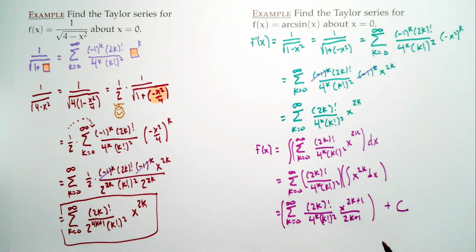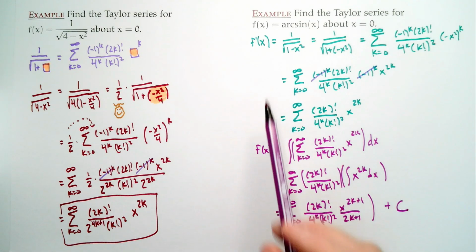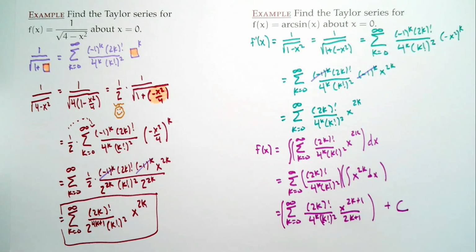Well, the way you find c is you now choose a really good choice for x. So for instance, plug in x equals 0. Okay, so if you plug in x equals 0, what do you get? Well, you're going to get 0 for the sum. If I plug x equals 0 into the function, arcsine of 0 is 0.